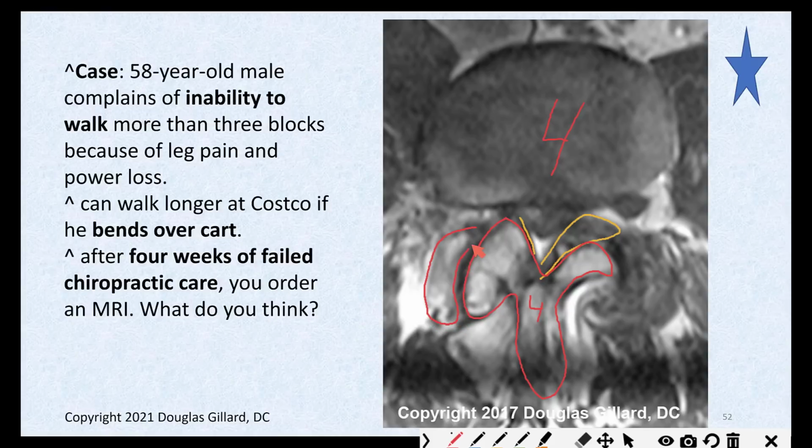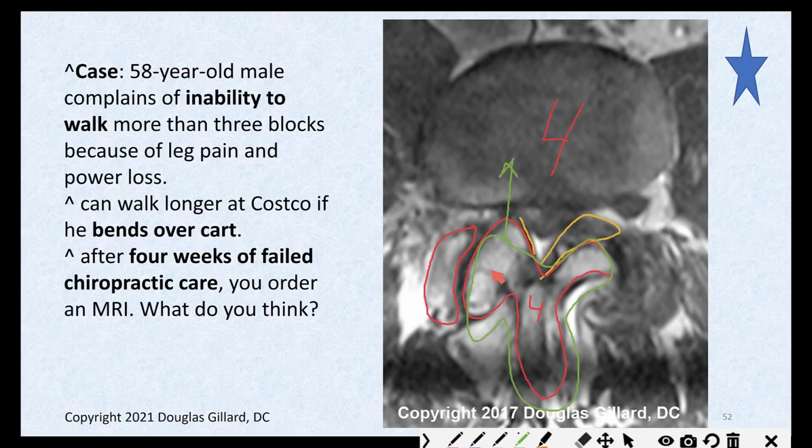That's the superior articular process. You see what's happened here? These should be in line. This whole thing should be back here. This one looks like it's in pretty good shape. So this has slid forward.